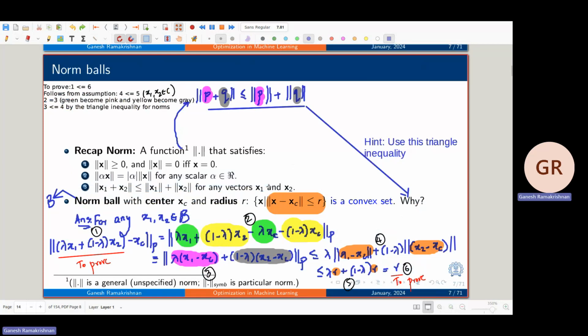So first, by triangle inequality, lambda x1 minus xc and 1 minus lambda x2 minus xc should have been multiplied inside the norm. But I boldly took them outside by virtue of step 2. So I've combined steps 1 and 2. Right. So what have I done?